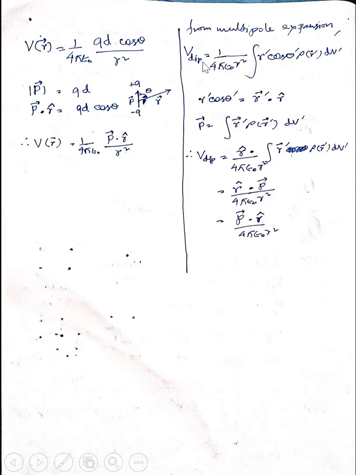And for the multipole expansion, if I try to simplify it, r dash cos theta dash can be written as r dash unit vector dot r unit vector. If you look at the figure I have drawn previously, you can find the thing actually.